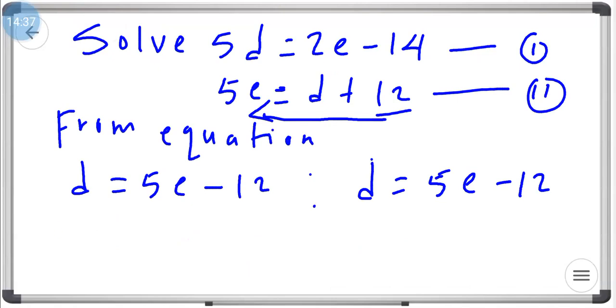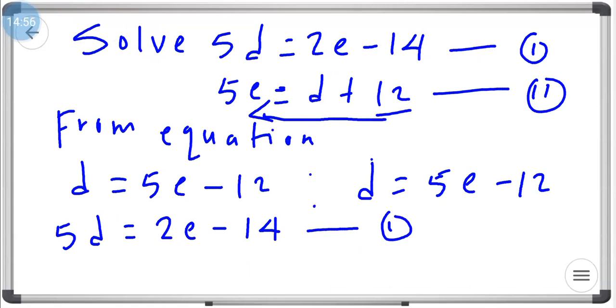Equation 1, we said 5d equals 2e minus 14. That is equation 1. So to substitute d into equation 1, anywhere we see d inside equation 1, we'll be writing 5e minus 12.